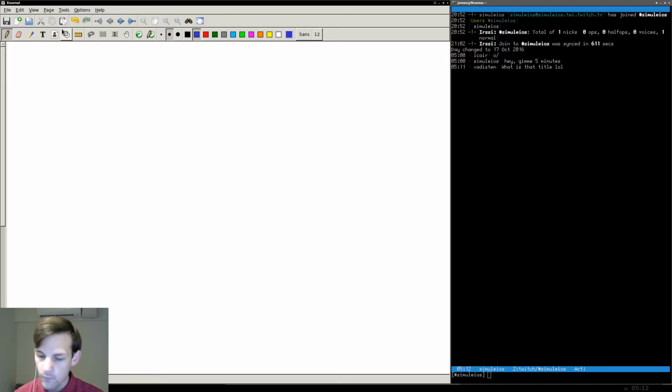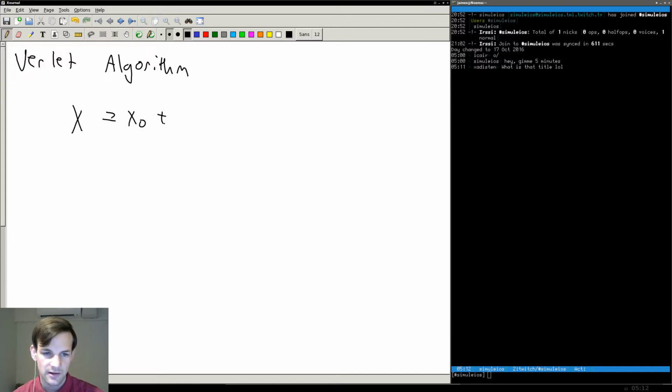Okay, now, what is the Verlet algorithm? Let's say Verlet algorithm. Okay, so this is how it works. We do a third order Taylor expansion. So let's go ahead and say x is going to be equal to x naught plus v naught t plus 1/2 a t squared.